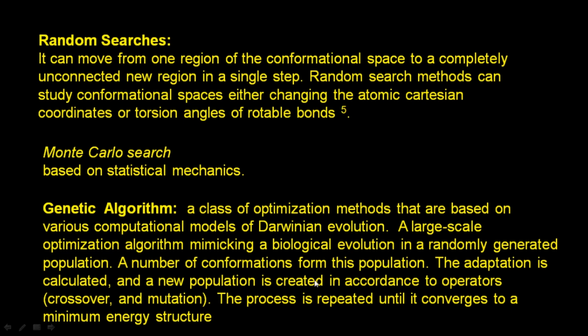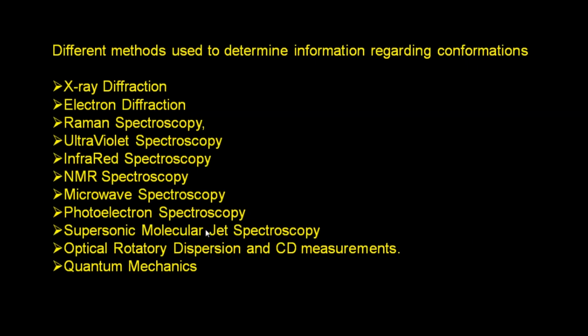So, you look at a number of conformations from this population, adaptation is calculated, and a new population is created in accordance with operators, crossover and mutation. So, you look at a set of conformations, take those which look good, then eliminate the ones which do not look good. That is almost like evolution, and then you proceed. That is what is called genetic. There are various variations to the genetic algorithm also.